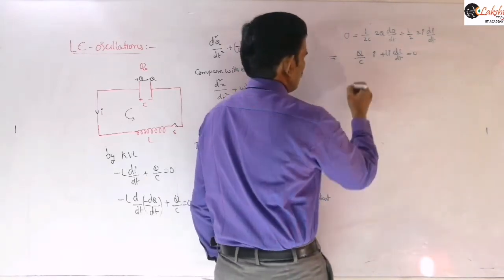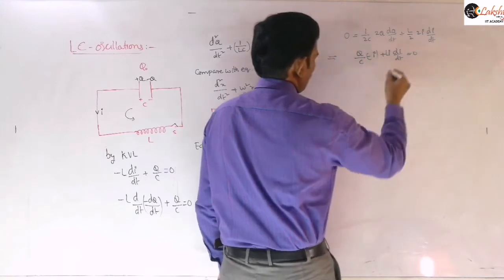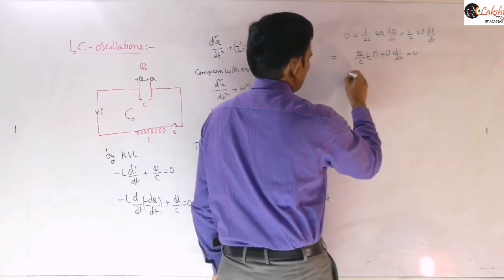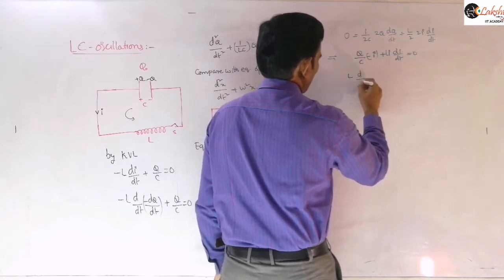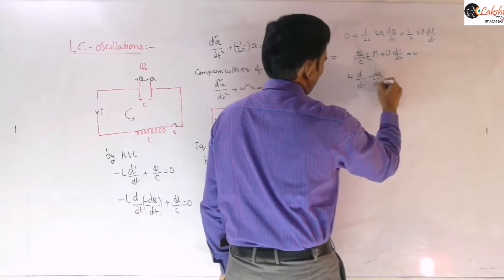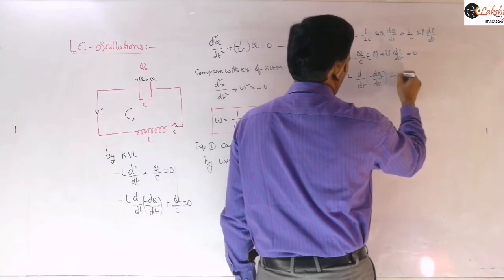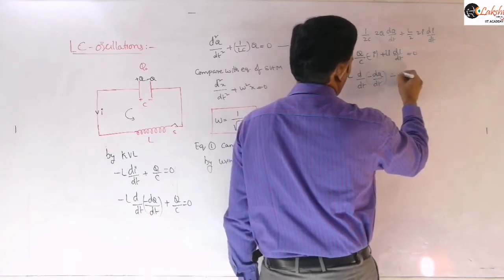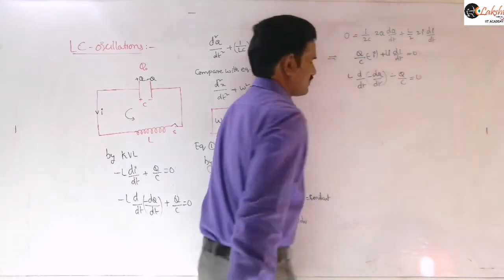Then this equation we can write as L into d by dt of minus dq by dt, minus q by C, equal to 0.